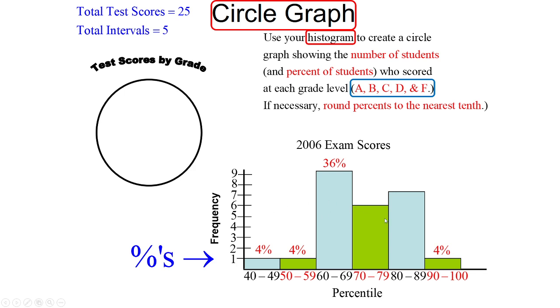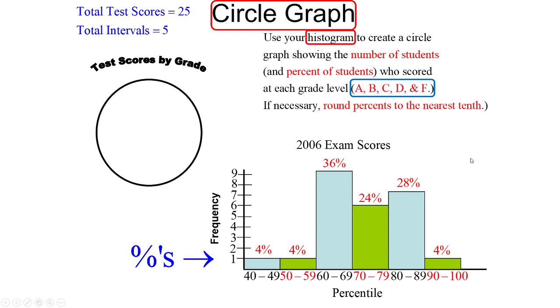So I'm going to go 6 divided by 25, and I'm getting 0.24 or 24% of the data. All right. And then finally, my scores in the 80s, and there were 7. So I'm going to go 7 divided by 25, and that's going to give me 0.28 or 28% of the data.